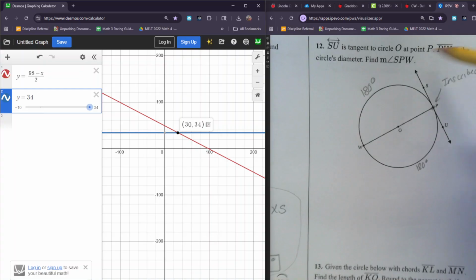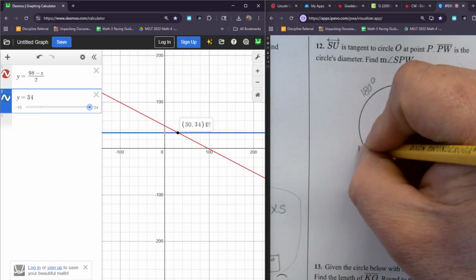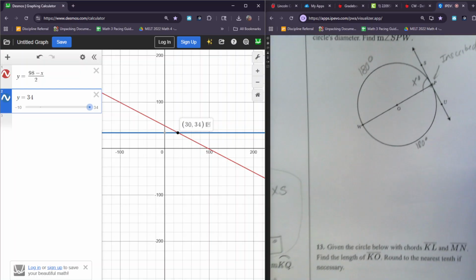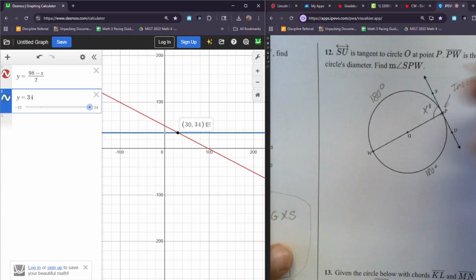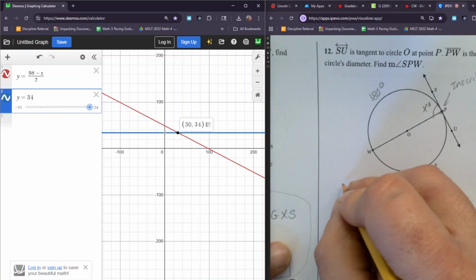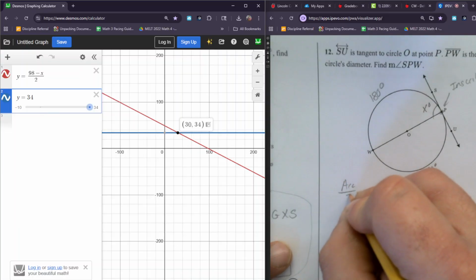Now, PW is the circle's diameter. Find SPW. Okay, so SPW is this angle right here. Well, that one's pretty easy. I mean, if it's an inscribed angle and you've got the arc, it's just the arc divided by 2.